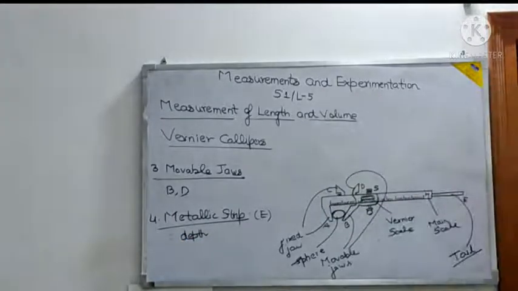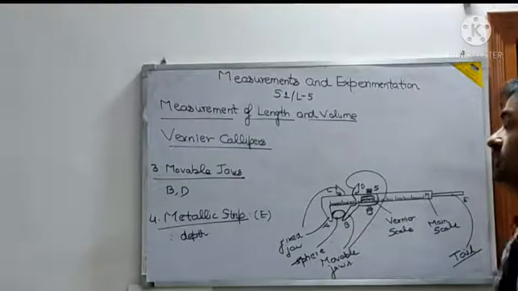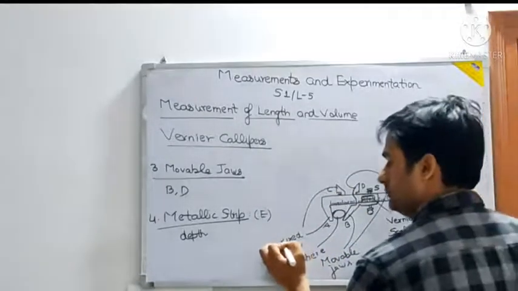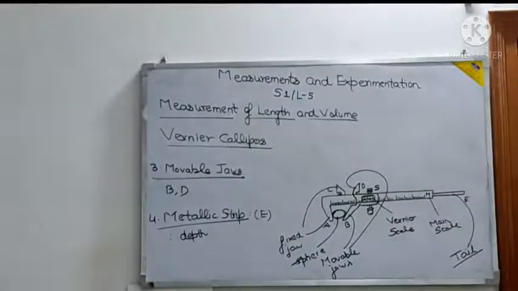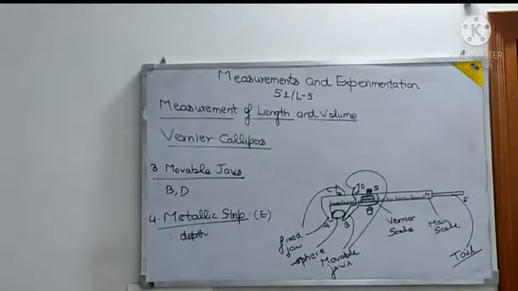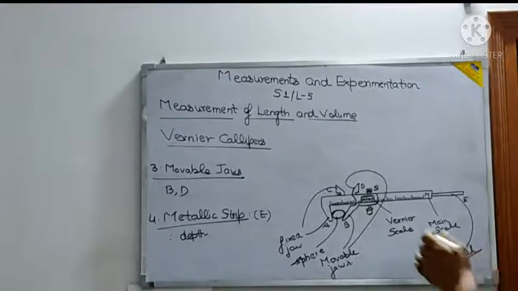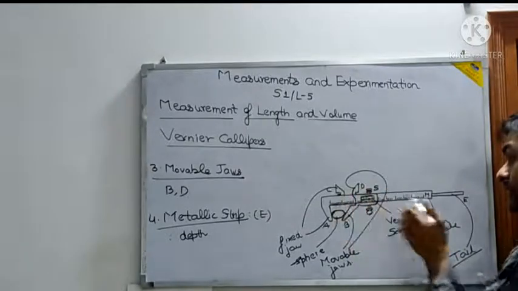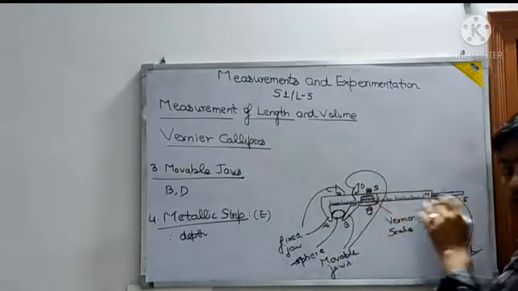B and D are the mobile jaws. Similarly, A and C are the fixed jaws. Clear? There is a thin metallic strip E attached to the back side of M and connected to the vernier scale. Now see, when you slide the vernier scale on the main scale, this tail also moves along with it.